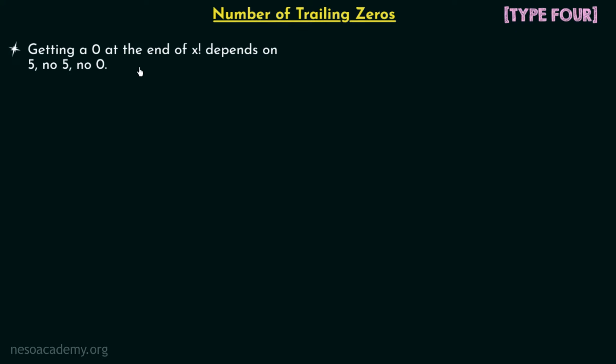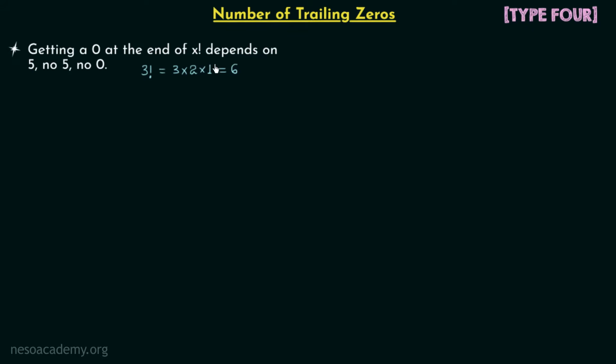For example, let's say x factorial is 3 factorial. 3 factorial is equal to 3 multiplied by 2 multiplied by 1, and this is equal to 6. So 3 factorial is equal to 6 and there is no 0 at the end of 3 factorial.